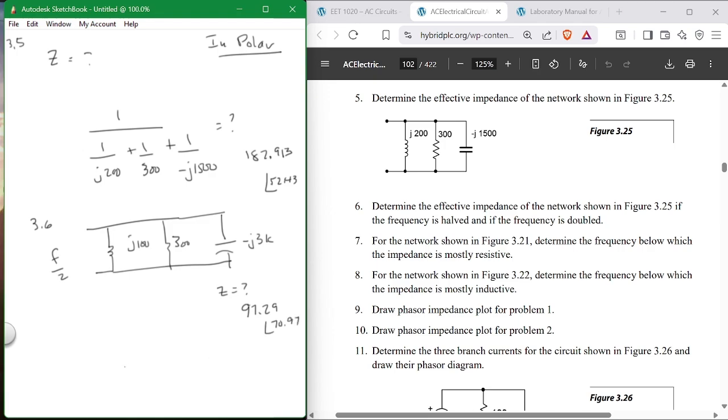And if you do the other way, which is F times 2, it's J400. Keep the 300. And it's minus J750.